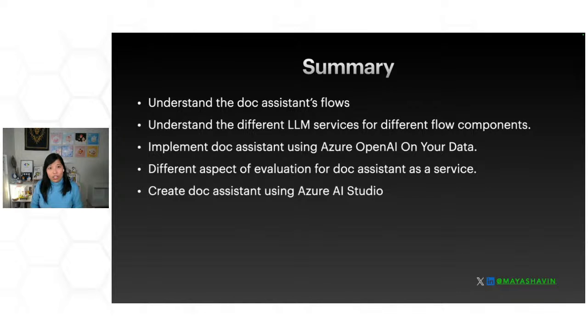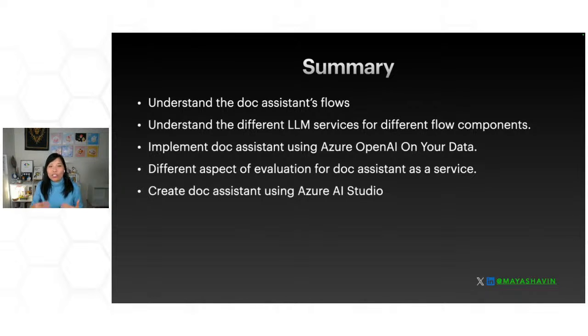So before we finish, let's take a recap of what we have discussed so far in these sections. First, we understand the main flow of the document assistant, how to build it, how to use different LLM services for different flow components and how to implement them. We also understand how we can implement the document assistant using Azure OpenAI on your data.